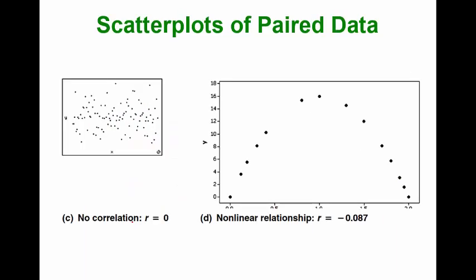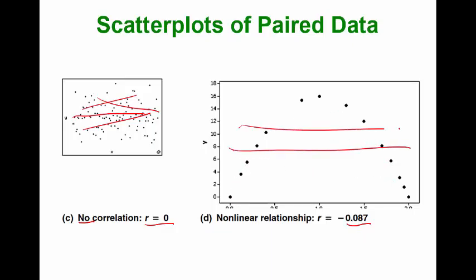Here are a couple of examples where the correlation is weak, or we can actually say that there is no correlation. In this particular example, we can't draw any line that would give us a good correlation that would be descriptive of this data set. So here the correlation is 0. This is another example where the correlation is close to 0, but if you look at it, we can't find a line that would best fit this data.